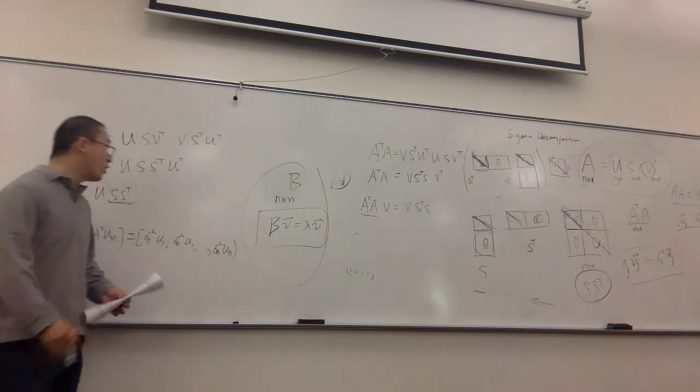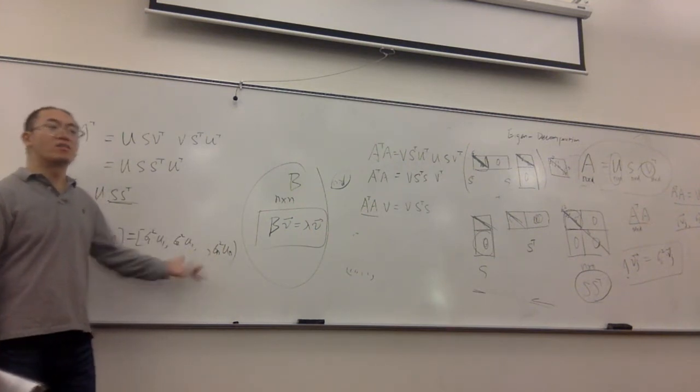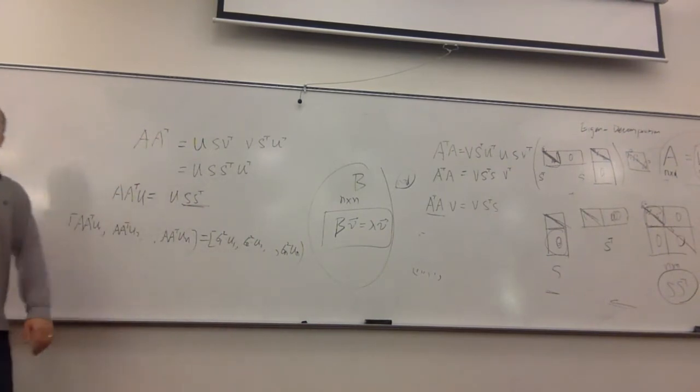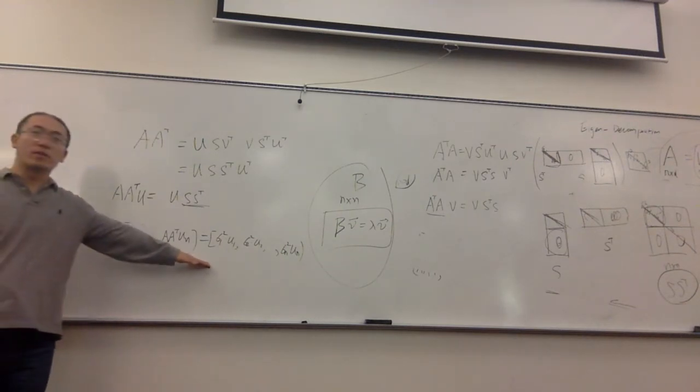So here, of course, sigma n squared will be 0 if r is smaller than n. So from this, what can we observe? What can we observe from this equation?